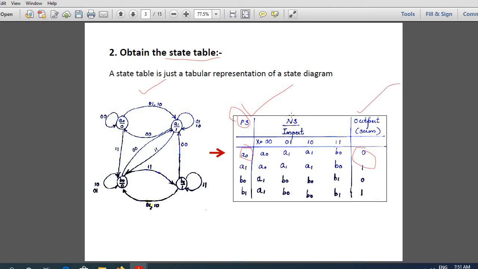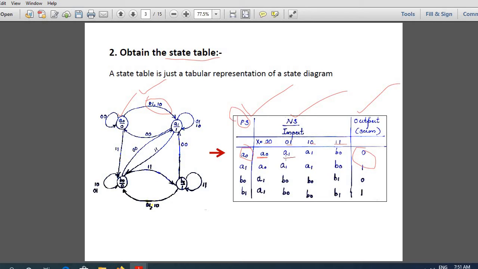Now how will you write the next state for each input combination? First write the input combinations 0 0, 0 1, 1 0, 1 1. Now you first take the first state A0. When the input combination is 0 0, it remains in A0. That is what is written here. And when the input combination is 0 1 or 1 0, it goes to A1.